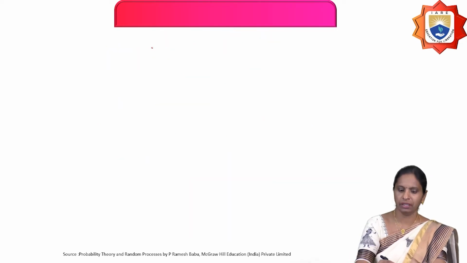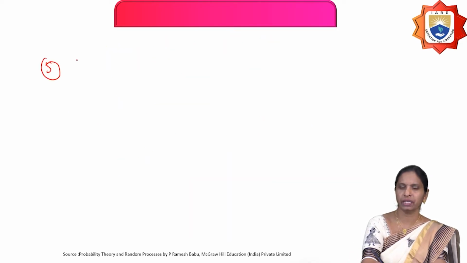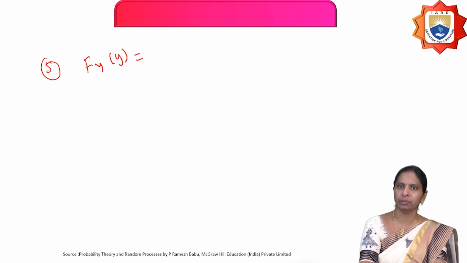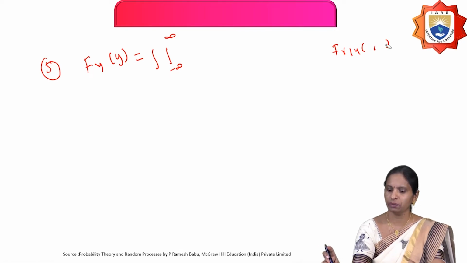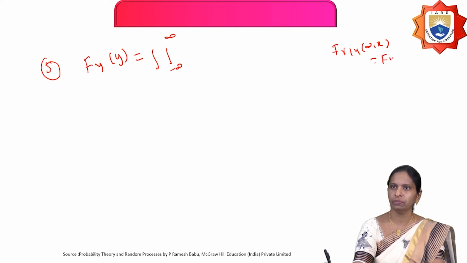In a similar manner, you can derive the equation for the marginal distribution function of the random variable y. Now, if you want the marginal distribution function of the random variable y, which variable do you have to keep as infinity? You have to keep x as infinity, because fxy of infinity comma y is nothing but fy of y.